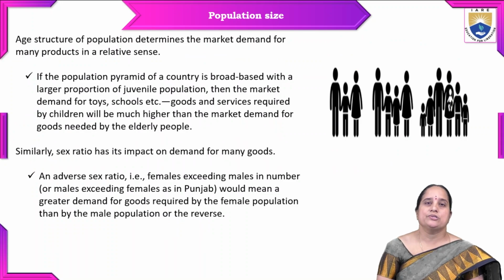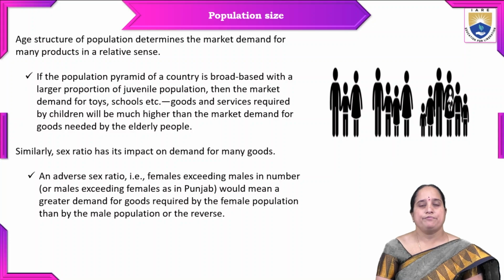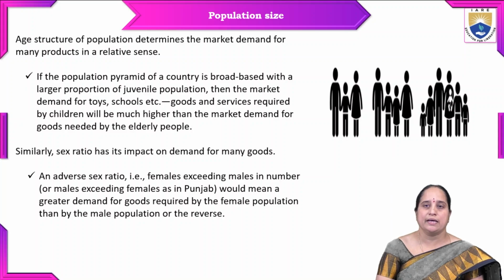Then comes population size. Age structure of population determines the market demand for many products in a relative sense. If the population pyramid of a country is broad based with a larger proportion of juvenile population, then the market demand for toys, schools, etc., goods and services required by children will be much higher than the market demand for goods needed by the elderly people.